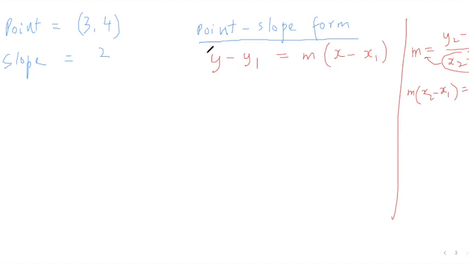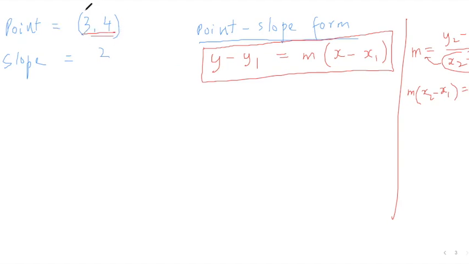Is that okay? Easier now? So you can derive this formula even in the exam if you don't remember it. Now, to find the equation of this line, we substitute what we know.